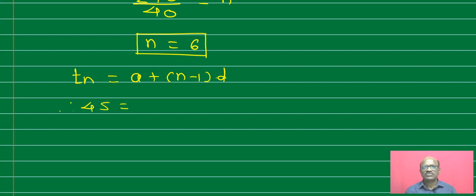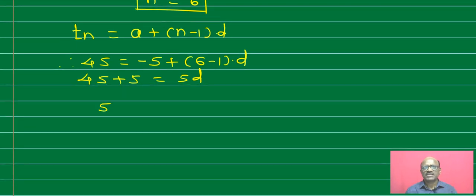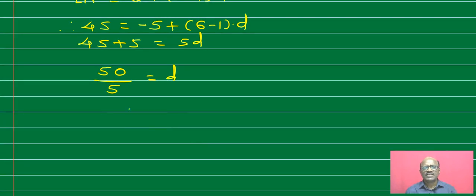Therefore, tn is equal to a plus n minus 1 into d. Using this formula, we can find out the value of d. That is 45 is equal to -5 plus 6 minus 1 into d. That is 45 plus 5 is equal to 5d. That is 50 upon 5 is equal to d. Therefore, d is equal to 10.